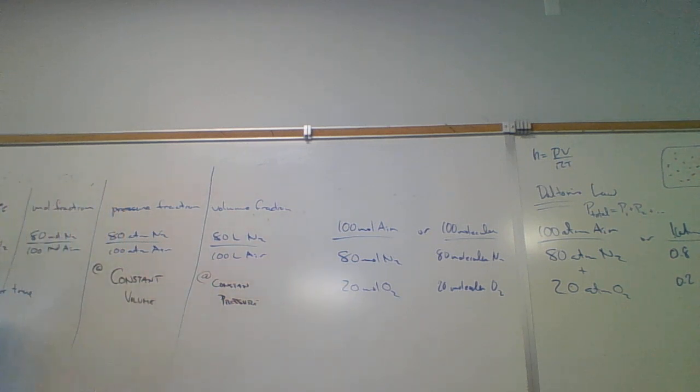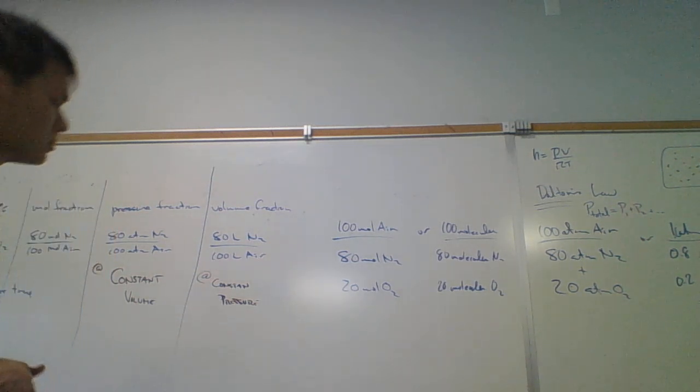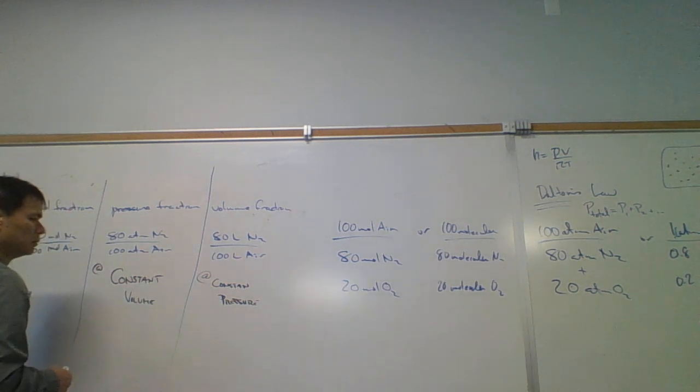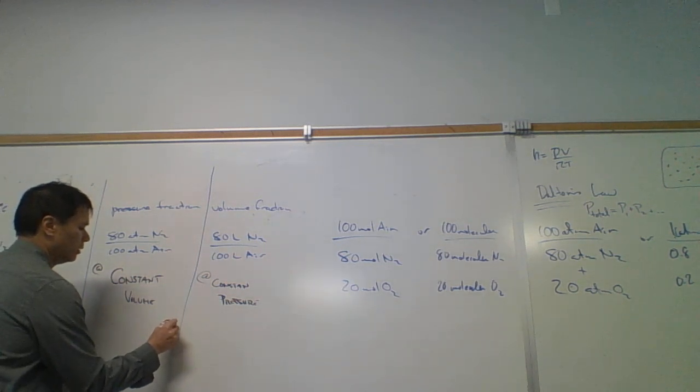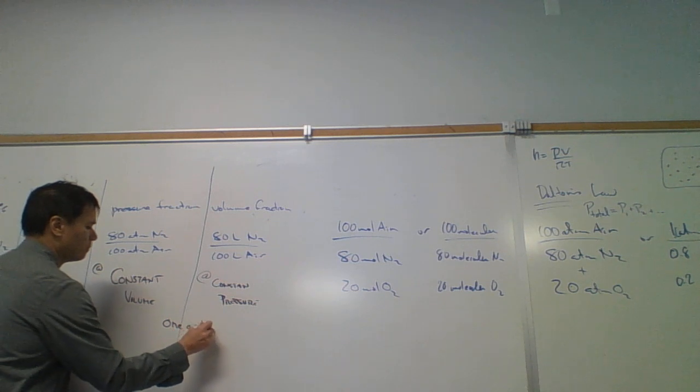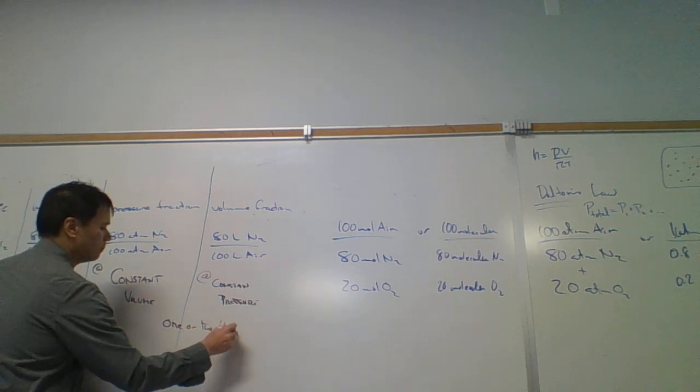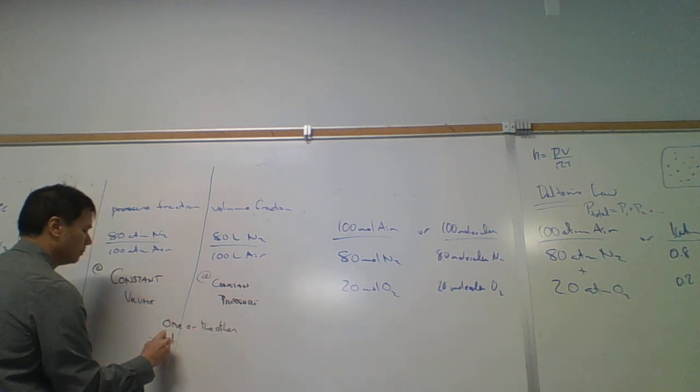So we can't have both constant volume and constant pressure simultaneously. It has to be one or the other for this. But not both together.